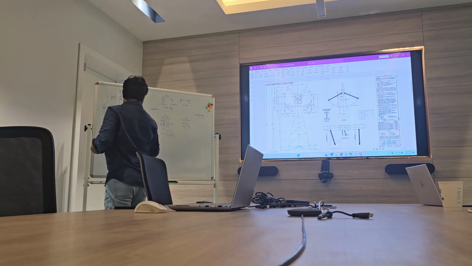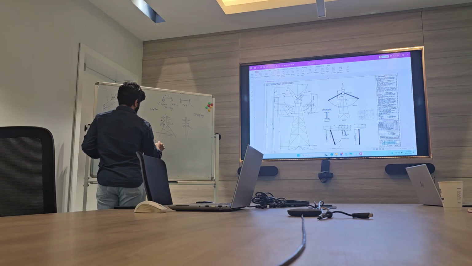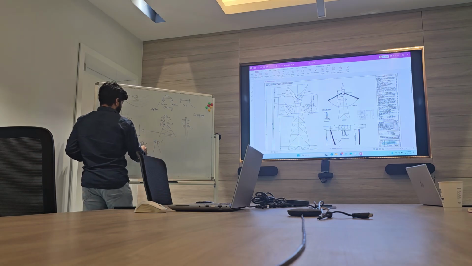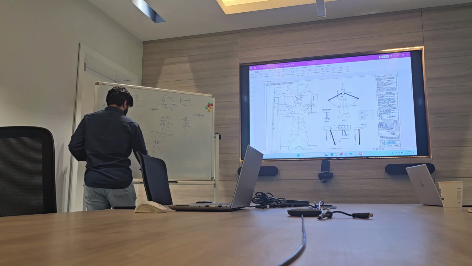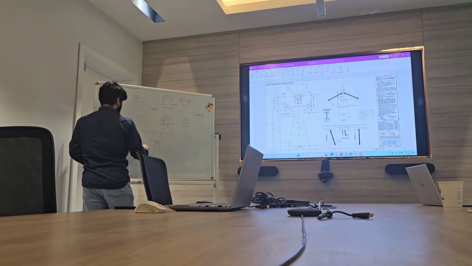When I have two towers and I just hang the conductor on one insulator.